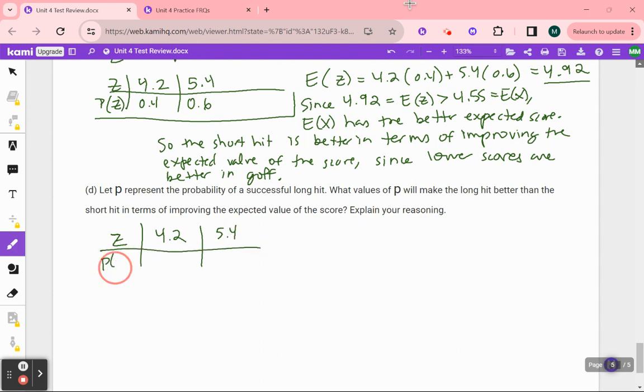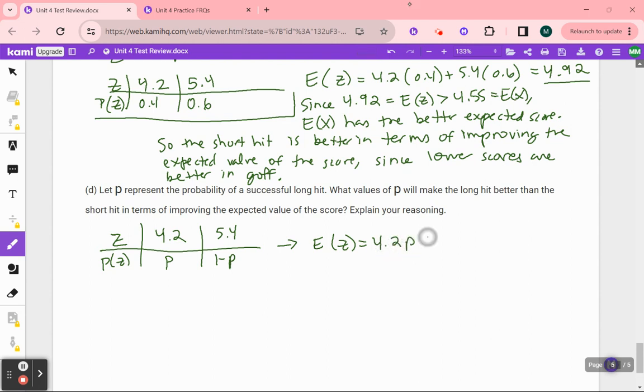And then the probability of Z is now just P or 1 minus P, which gives us that the expected value of Z has become 4.2 P plus 5.4 times 1 minus P.